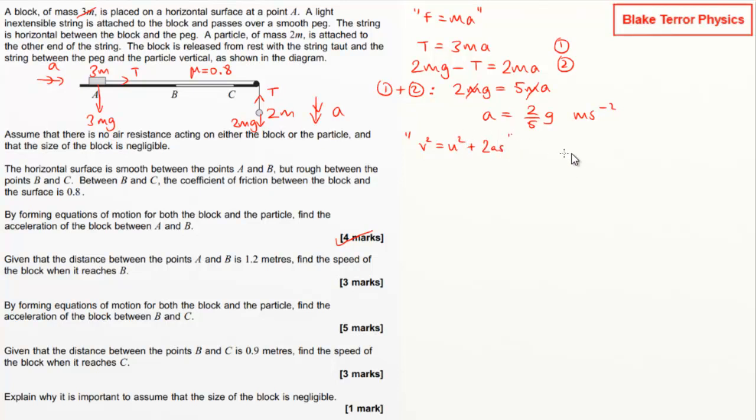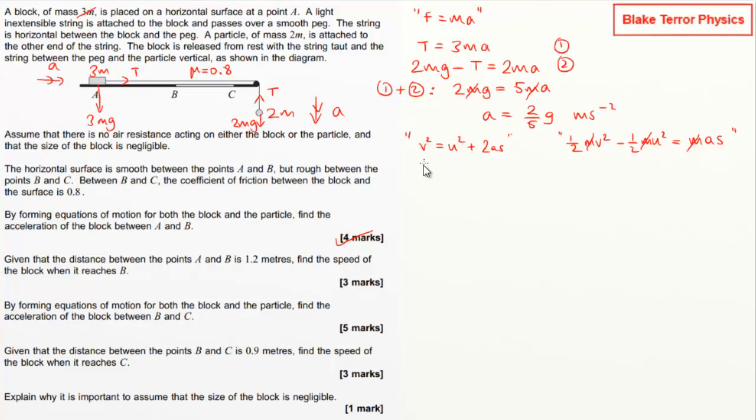Of course, you could be thinking that the change in the kinetic energy, so half mv squared minus half mu squared, and I put it in quotes because of course we've got 3m as the mass here, not m, is going to be equal to the force multiplied by the distance, and the force is the mass times the acceleration, and then the distance is s. So this just drops out once you cancel the m's. That's produced our v squared equals u squared plus 2as. So that's what we're going to be using.